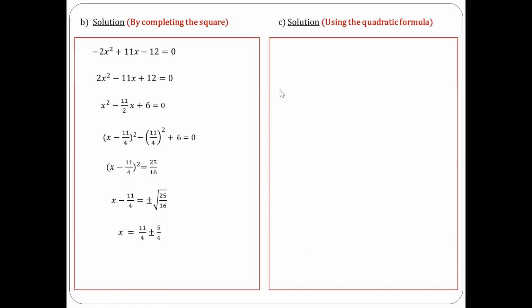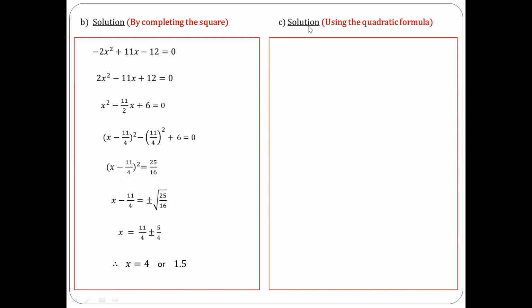And then x will be equal to 11 over 4 plus or minus 5 over 4, which is that square root. And when we simplify that, we get x is equal to 4 or 1.5, which is the same solution as the previous part A, a solution we determined by factorization.